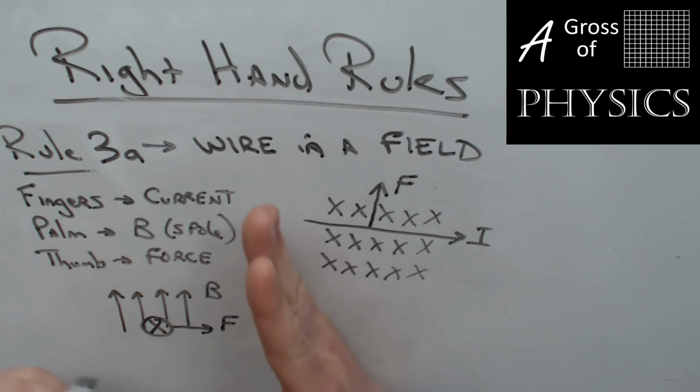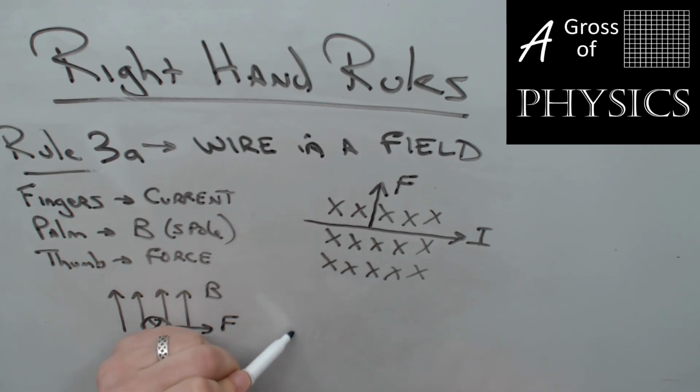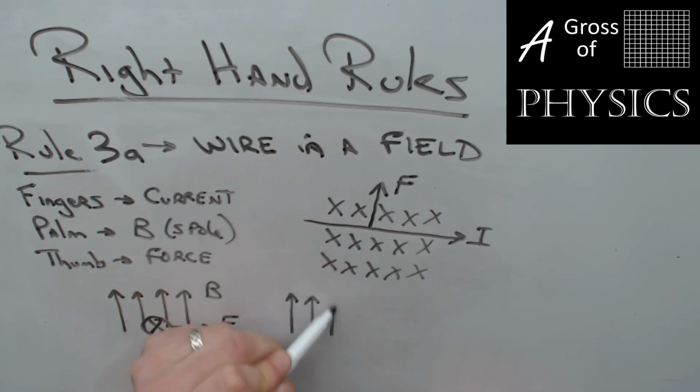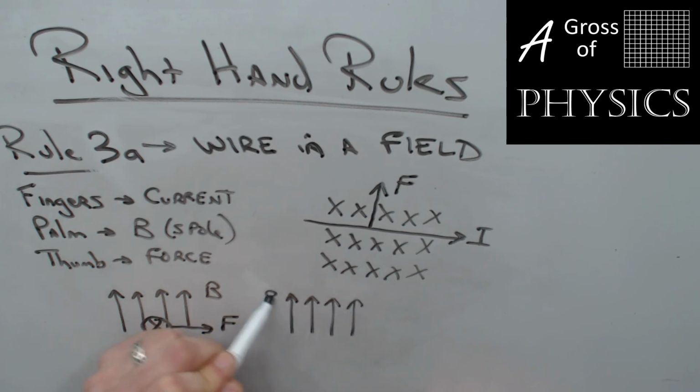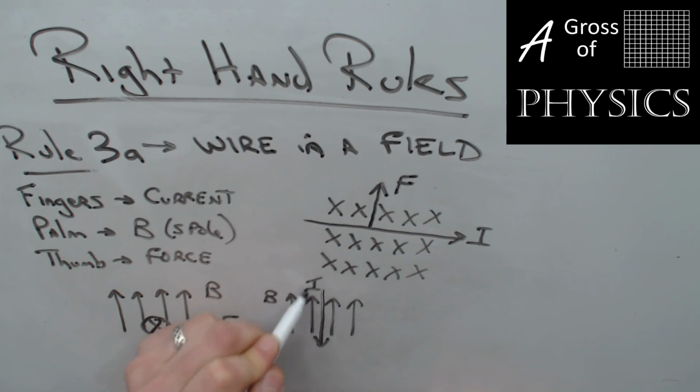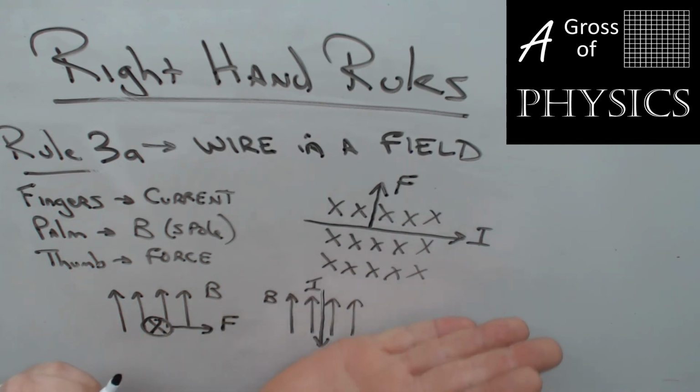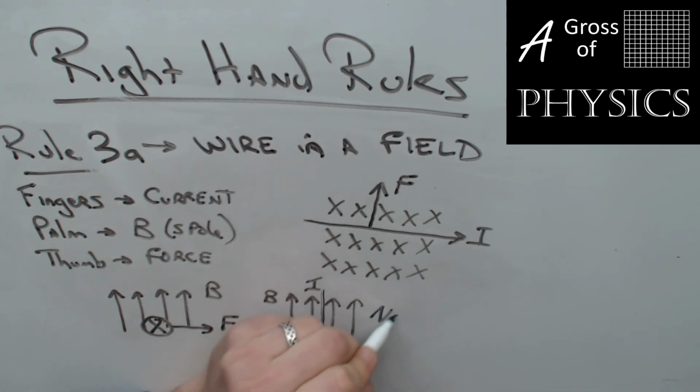Now, it's important to realize that you need to have perpendicular motion between the field and the current. If you had the field going up, there's your B, and the wire, let's just have it going down, the current flows down, I can't have my fingers and my palm pointing in that same direction at the same time. So there would be no force in this case.